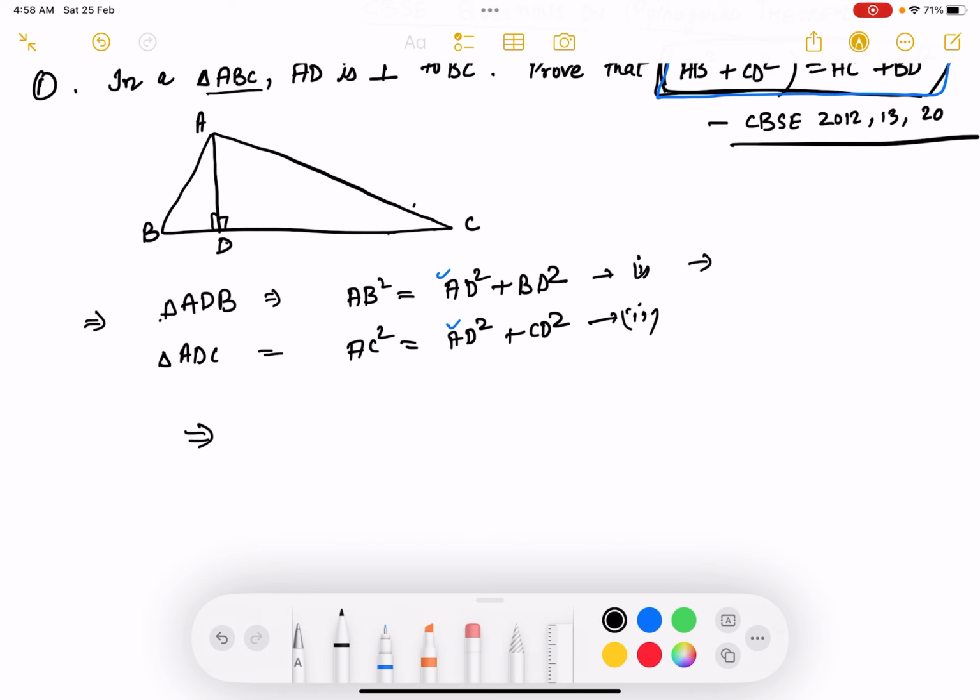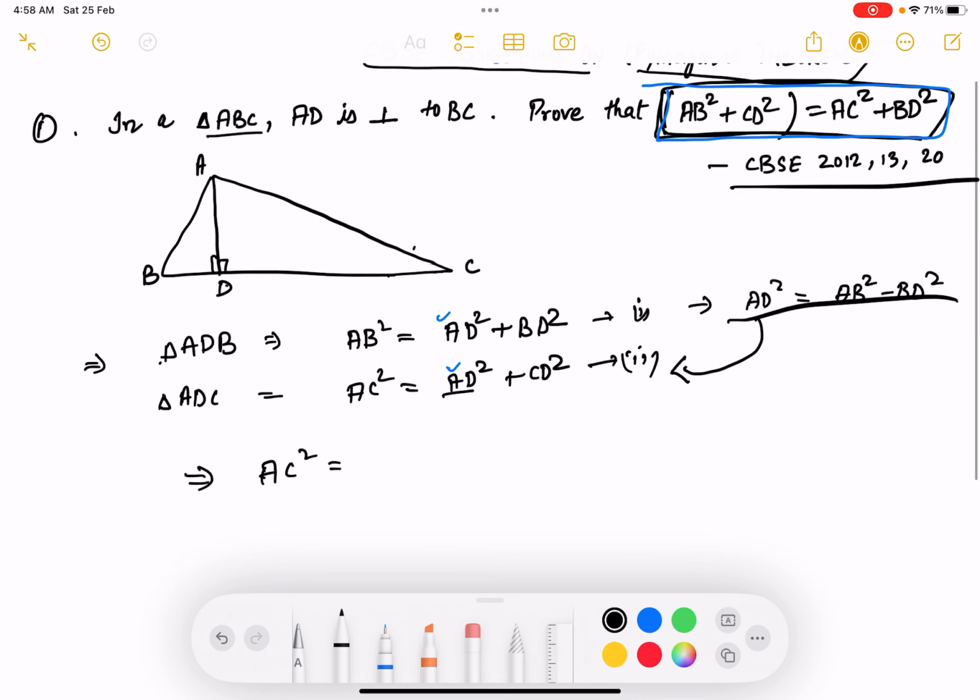From here we get AD square is equal to AB square minus BD square. Let's put this value in equation 2, substituting the value of AD, because we don't want AD in our final result.